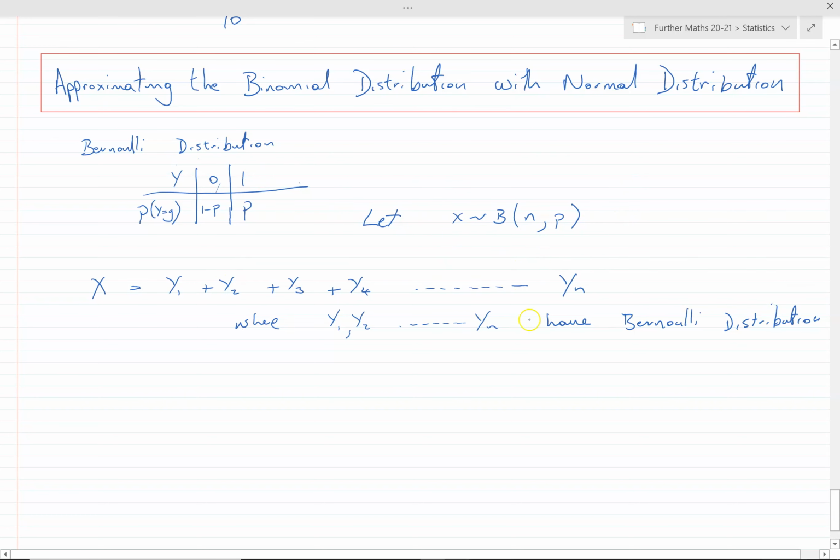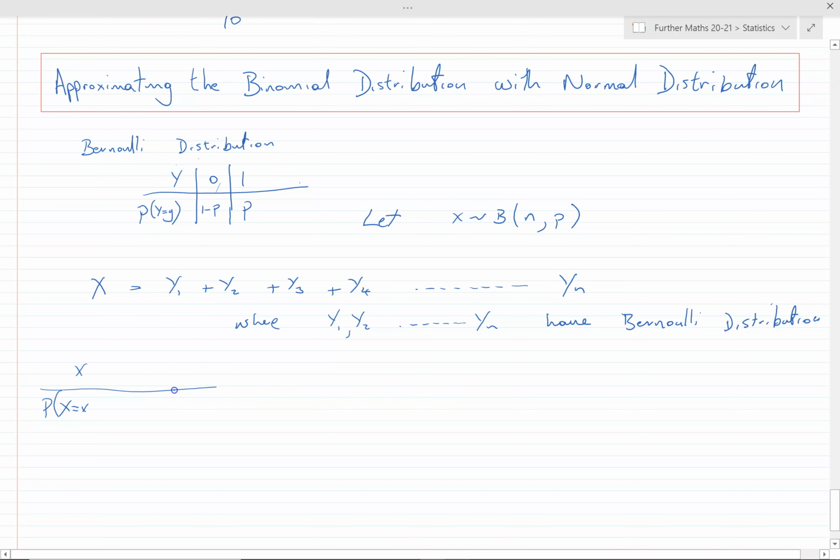For example, imagine if all of them produce the number 1, then we're going to have a total of n, which would be the n in our binomial. So we could then write probability X equals x.